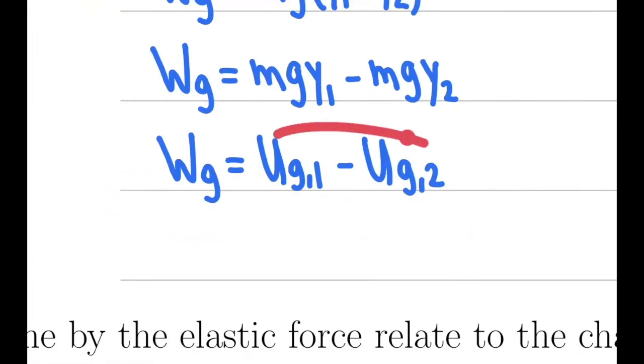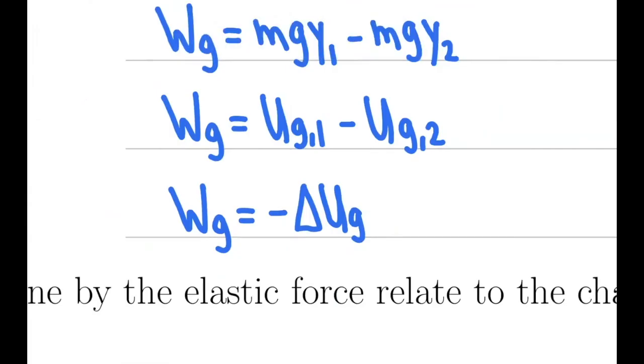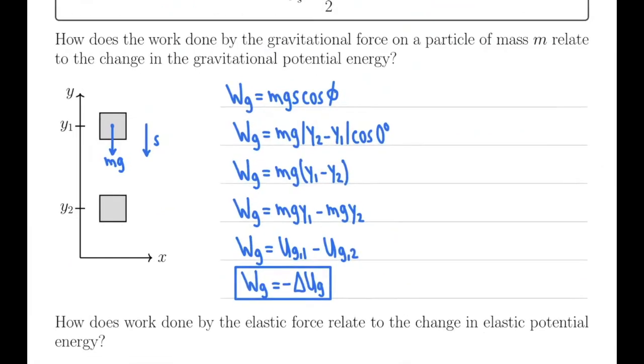So this is the same thing as negative delta U_g, because delta U_g means U_g2 minus U_g1, but this is the other way around, so that's why there's a negative there. So that's how the work done by the gravitational force relates to the change in the gravitational potential energy. We have W_g equals negative delta U_g.